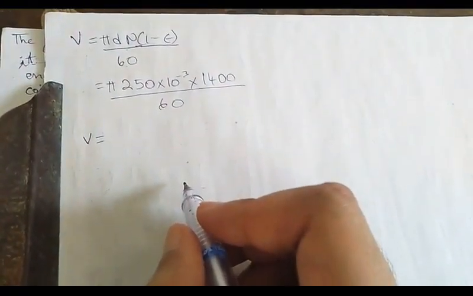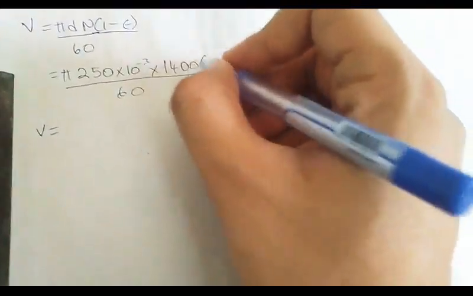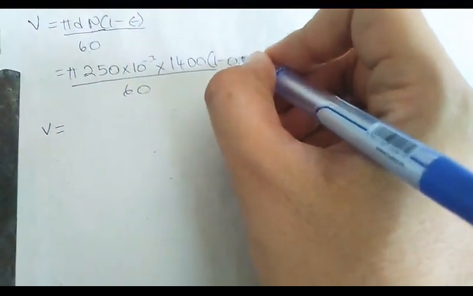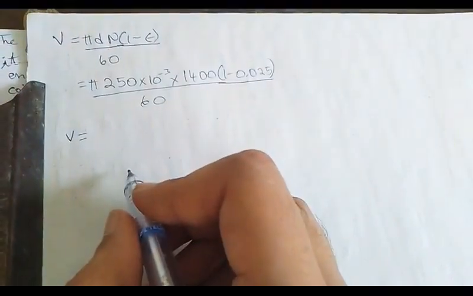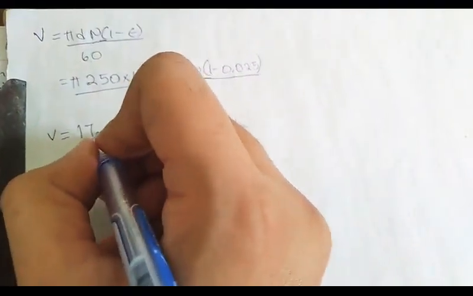The value of velocity is 17.87 meter per second.